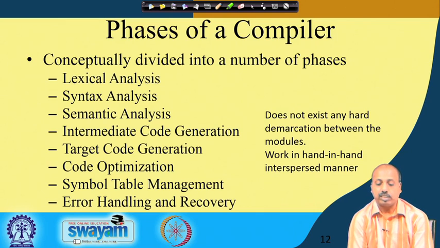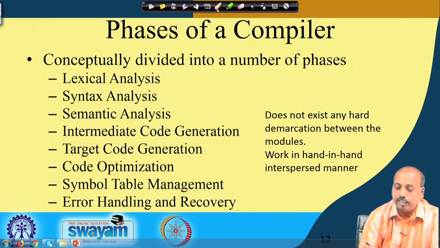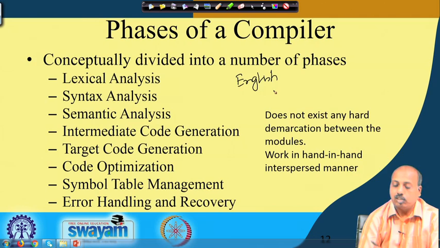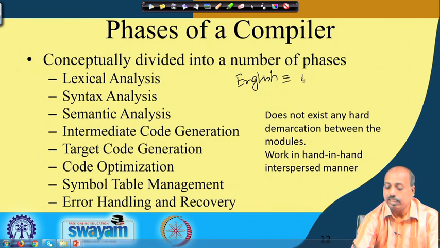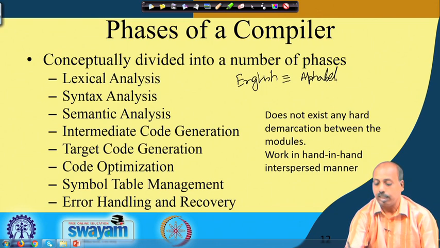To start with, before going into this, let us try to understand, if I have some language, for example, the English language. Okay. For any language, the first thing that we have is the alphabet. Any language starts with the alphabet.